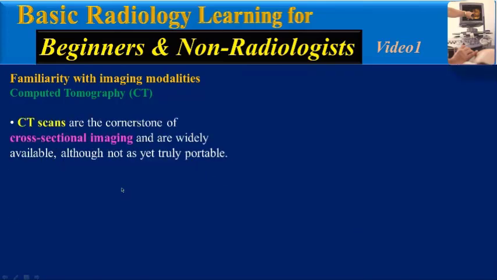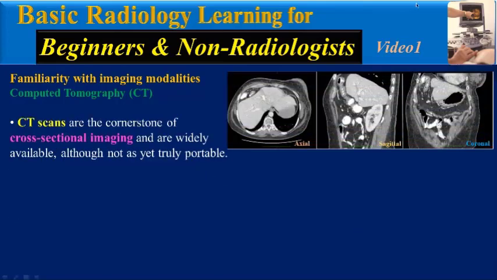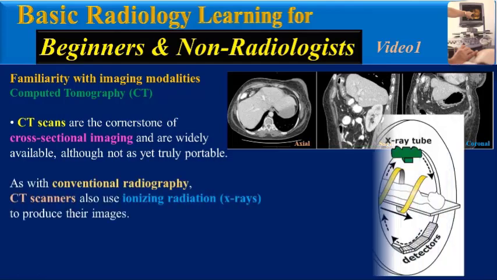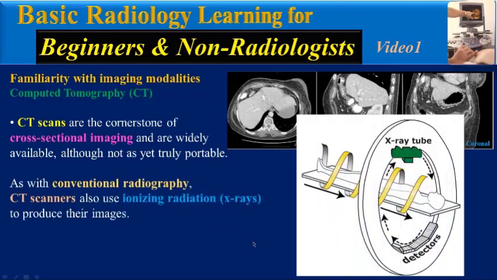CT scans are the cornerstone of cross-sectional imaging and are widely available, although not yet portable. As with conventional radiography, CT scanners also use ionizing radiation or X-rays to produce their images.